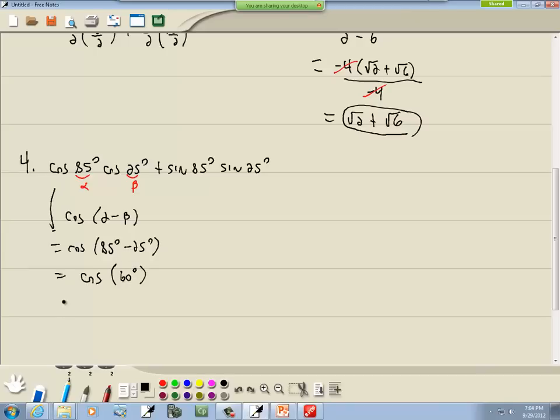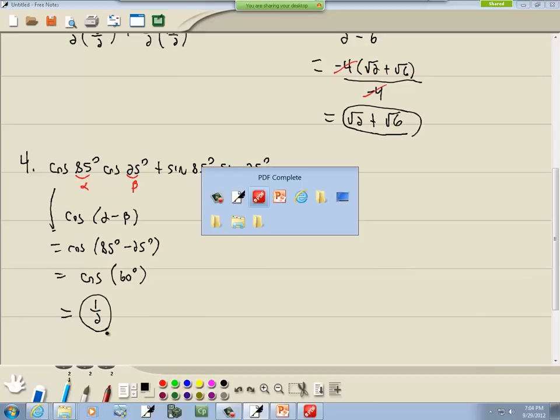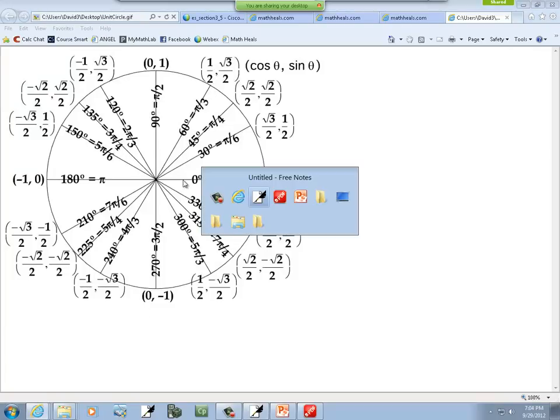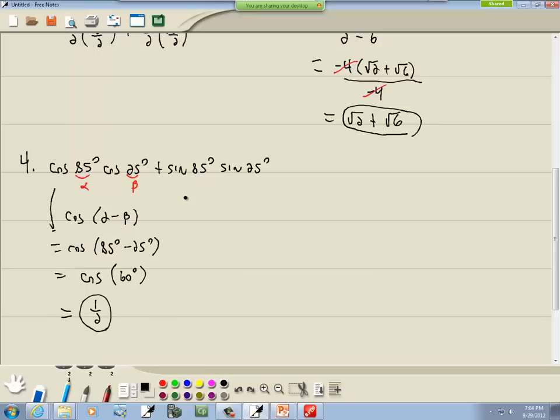Yeah, 60 degrees. Now cosine of 60 degrees is our x part, which is 1/2. Yeah, let me save that.